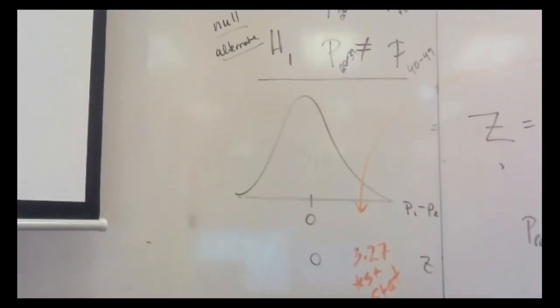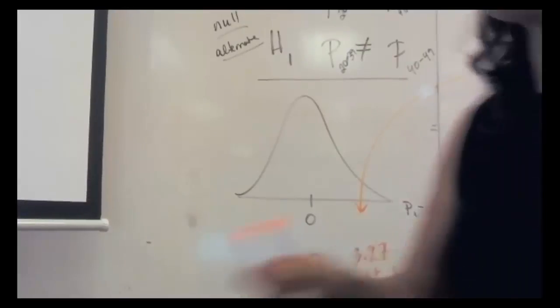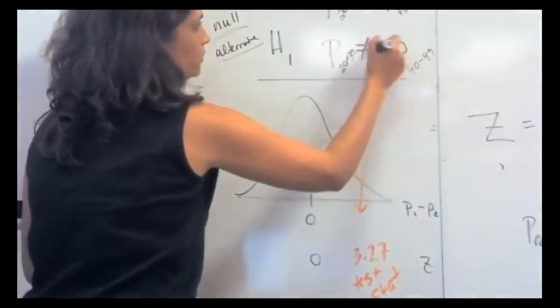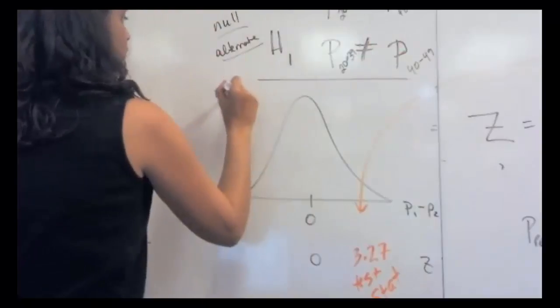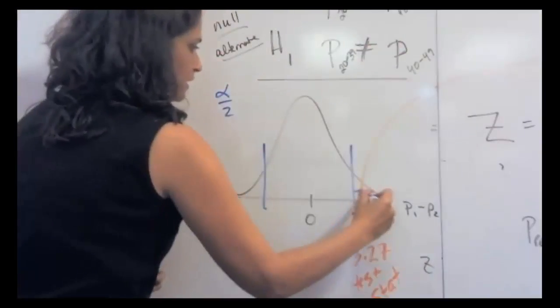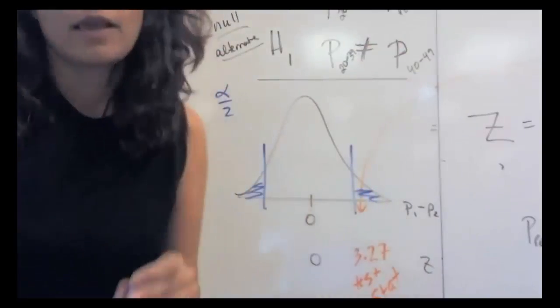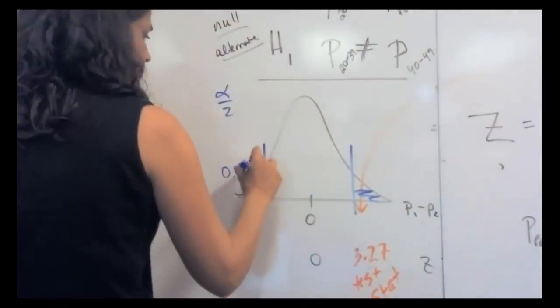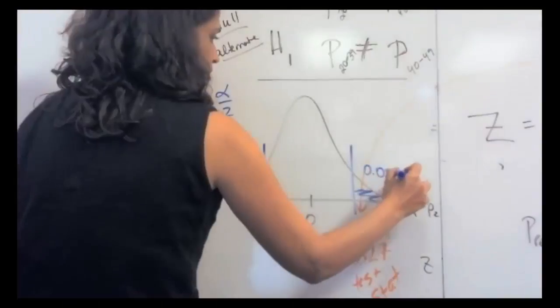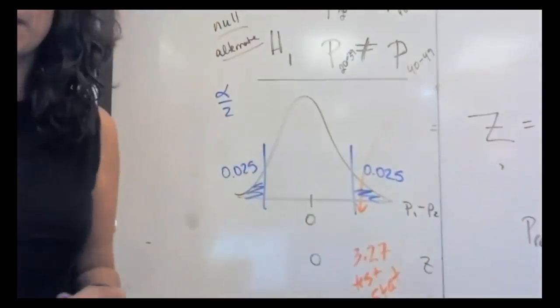Then I compare that to my critical value. Since it's two-tailed, I have alpha over 2 in each tail. It's a 5% significance level, so that's 0.025 in each tail.